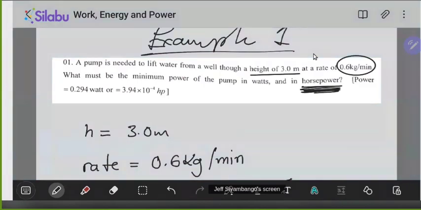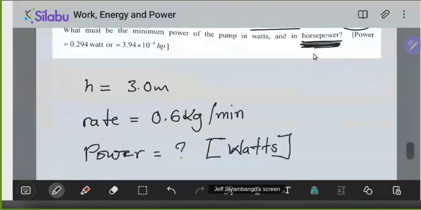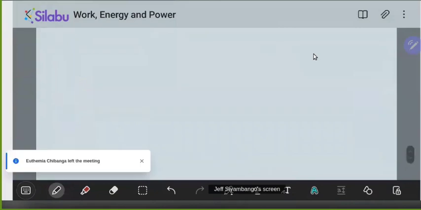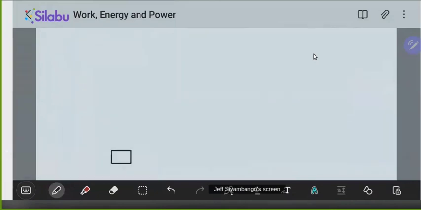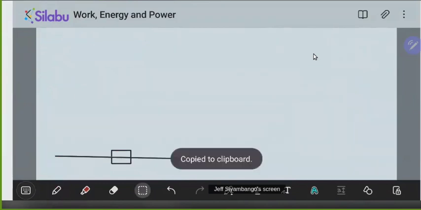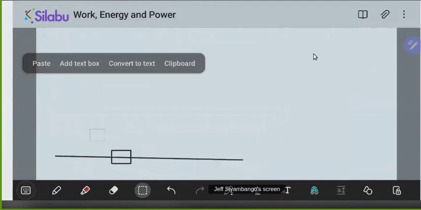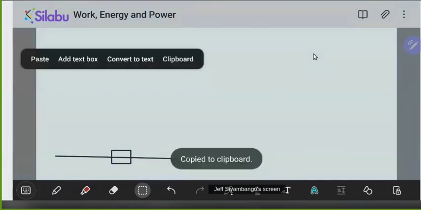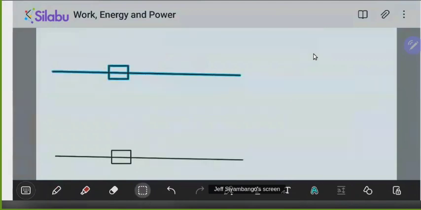Okay, so we need to understand what is happening. It's like we have water that is being lifted. Let's say this is the initial level where the water is coming from. And the water has to be lifted from this level to somewhere higher, let's say to somewhere here, vertically upwards.